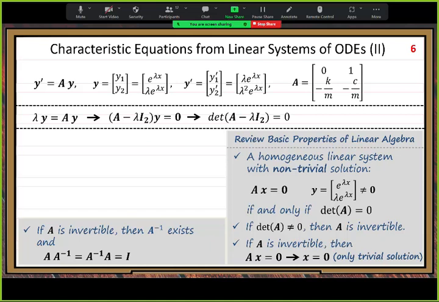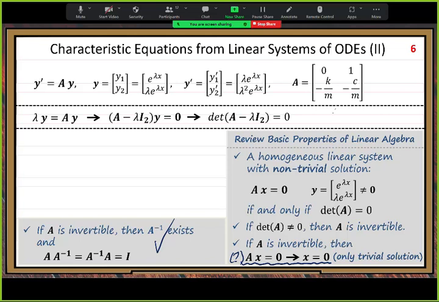Now let me apply this property here, because I guess some of you may have a question understanding this step, why it is correct. Based on our assumption, A is invertible, so A inverse exists. So now let's take that A inverse.